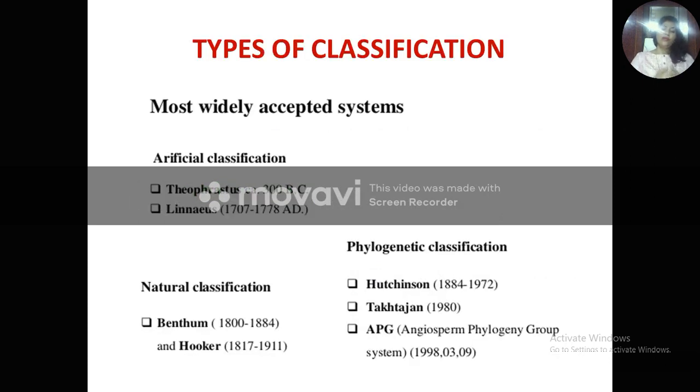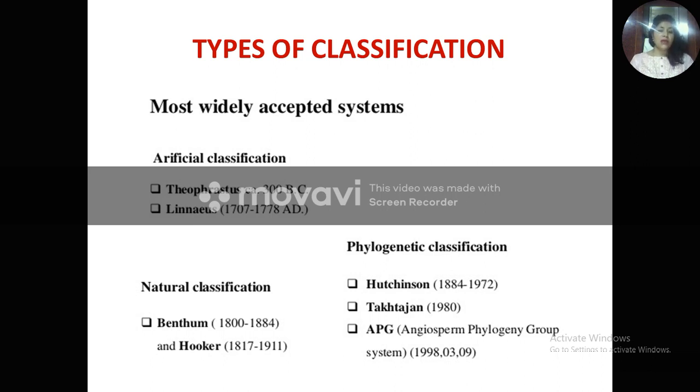So as we go, let's look at who were the taxonomists who were most involved in these processes. So if you look at artificial classification, it started with the father of botany, Theophrastus. He was the one who initiated a system of classification of all the available plants. Then it was followed up by Linnaeus, who is also called the father of taxonomy. After artificial classification came natural classification, where we need to mention Bentham and Hooker, whose system of classification is followed worldwide even today.